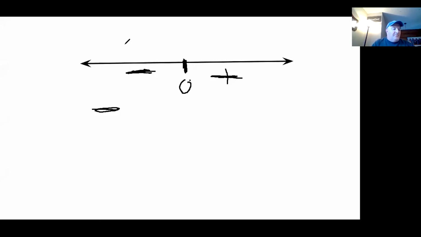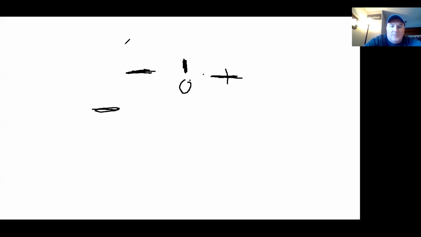So a signed number tells 2 things: which direction and then how far. So if we go two spaces, it tells 2 things.